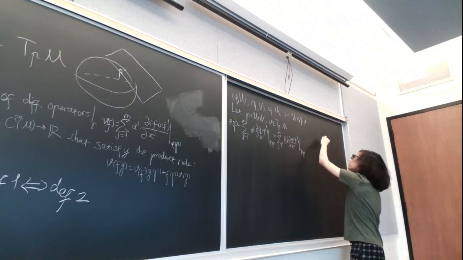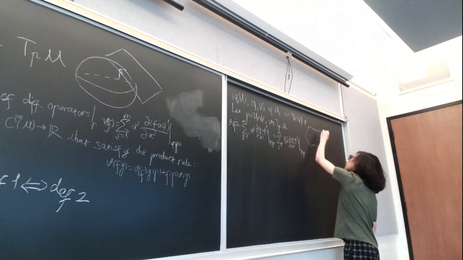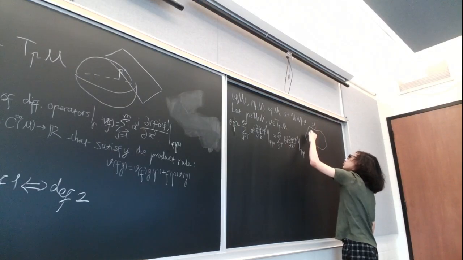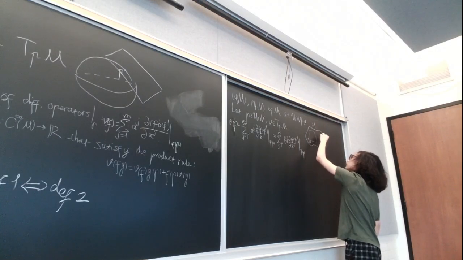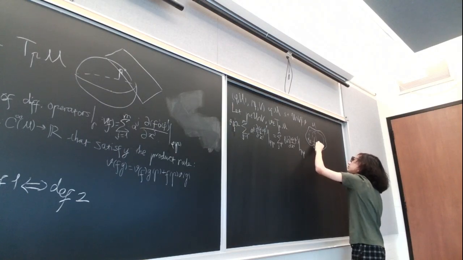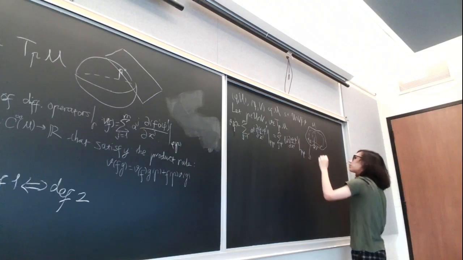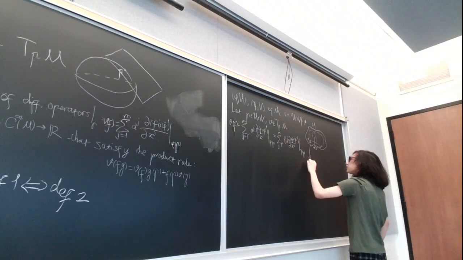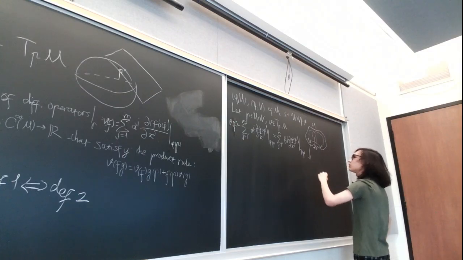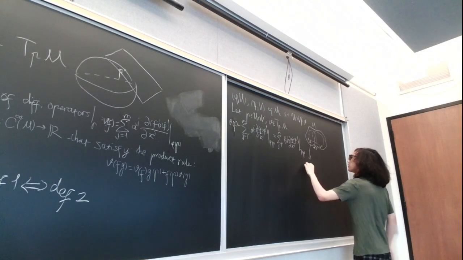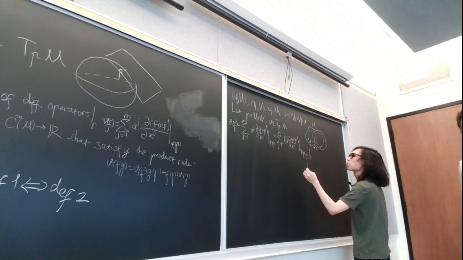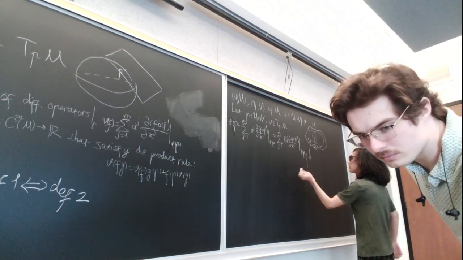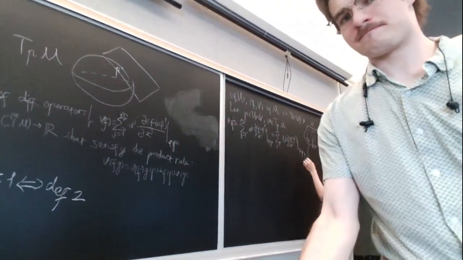So again, you have this manifold, and then you have two charts. This is U, this is V, and then you have some tangent vector here, and then it gets mapped to sort of different vectors. You can think of this as vectors with different coefficients in R^m.